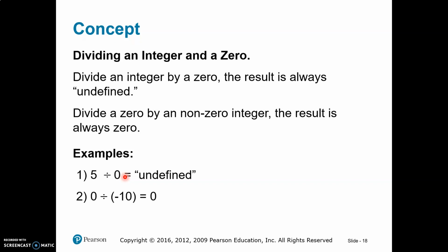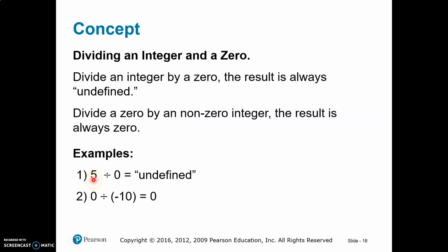Now, dividing is a little bit tougher. An integer divided by 0 is undefined. 0 divided by a non-zero integer is 0.